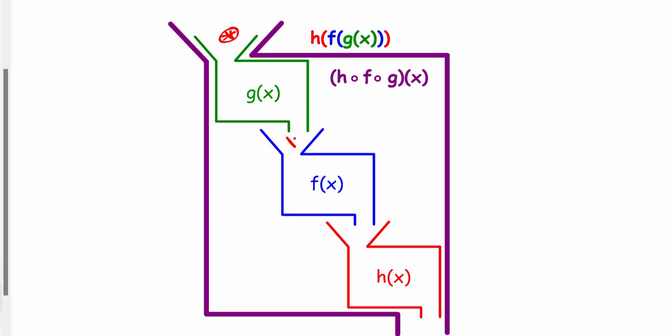What output from g of x is acceptable input for f of x? And then we work backwards to figure out what are the restrictions on the x. And then we'd say what output from f of g of x will give us acceptable input here. And then we'd have to work all the way back to figure out what are the restrictions on x. Super complex. So you don't have to worry about it.